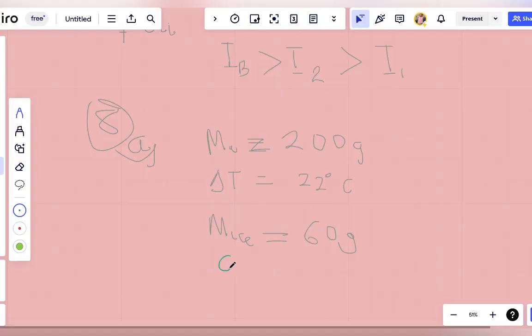In most books they write C, but I write C subscript S. The specific heat capacity of water is 4.2 joule per gram per degree Celsius. If it's kilogram, it's 4,200 joule per kilogram per degree Celsius. If it's gram, it's joule per gram per degree Celsius. Is that okay? So this is the specific heat capacity of water.